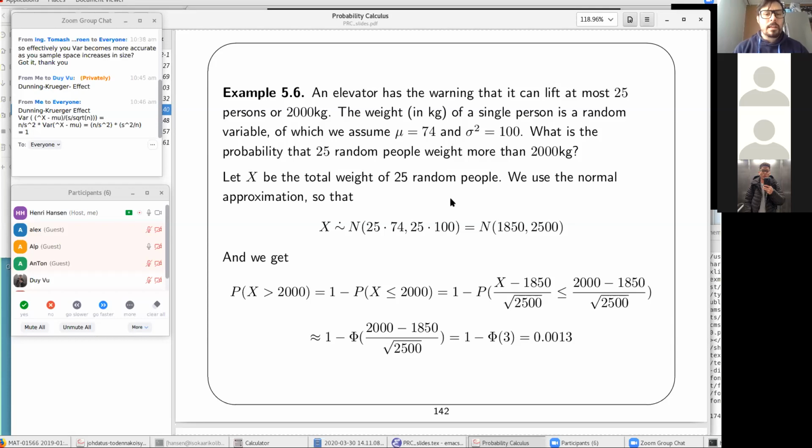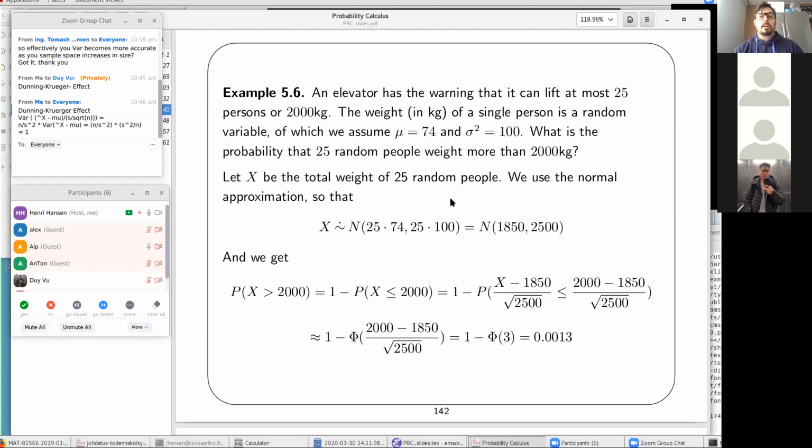What's the probability that 25 people weigh more than 2,000 kilograms? So it can fit 25 people. Let's say that there's enough oxygen for the elevator ride for 25 people, but it can move as long as they weigh less than 2,000 kilograms.